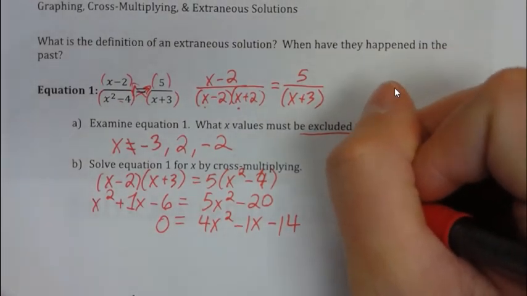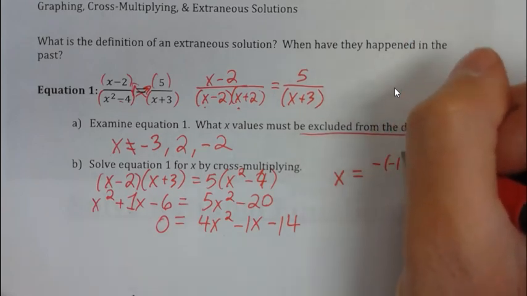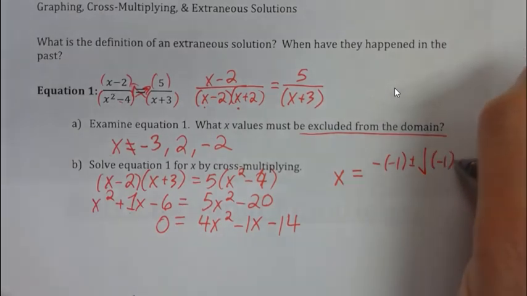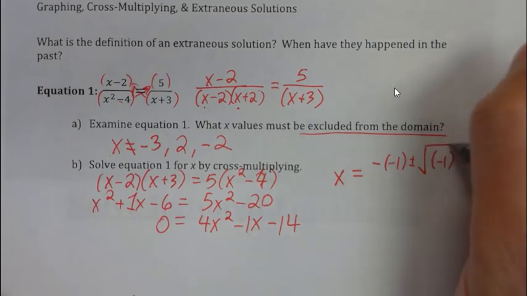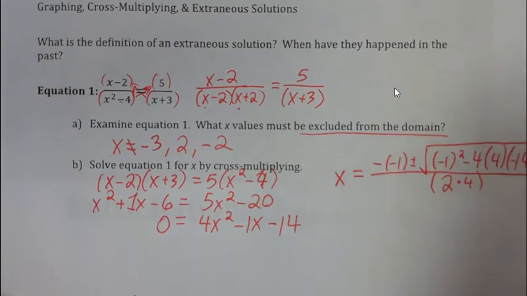So we have x is equal to -1 plus or minus the square root of -1 squared minus 4 times 4 times -14, and all of that is over 2 times 4.